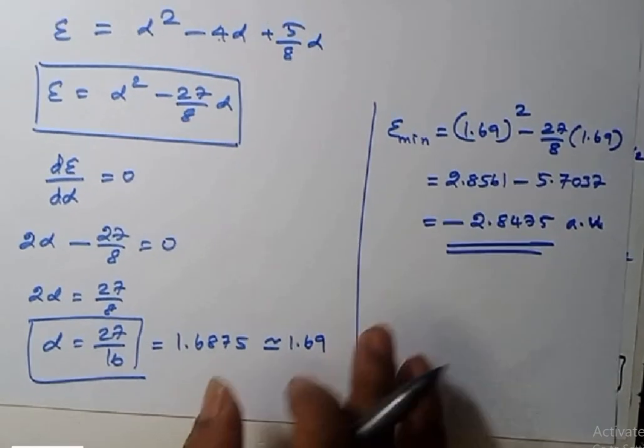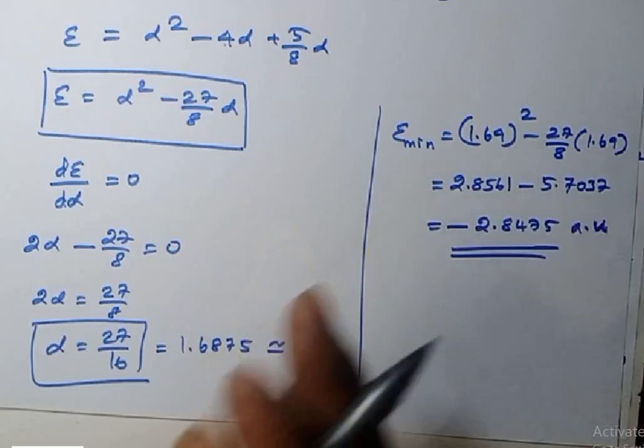This is the minimum energy calculated using the variation method.